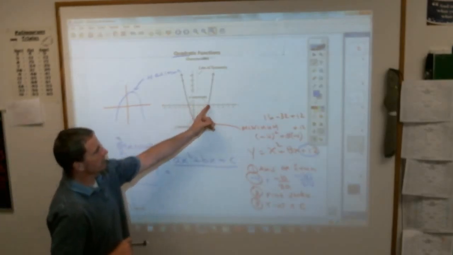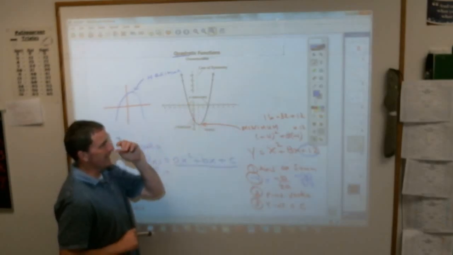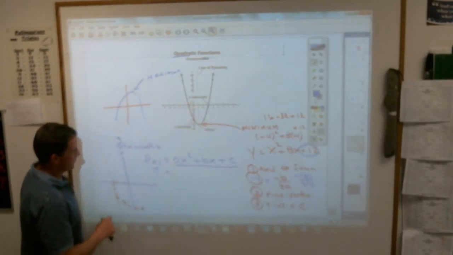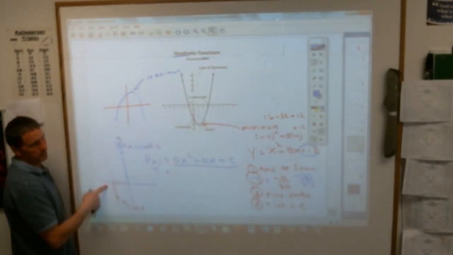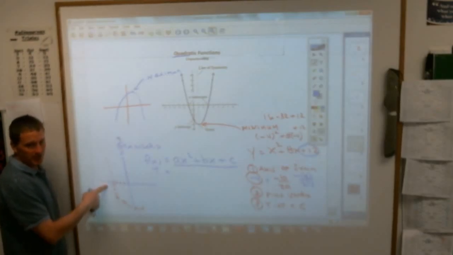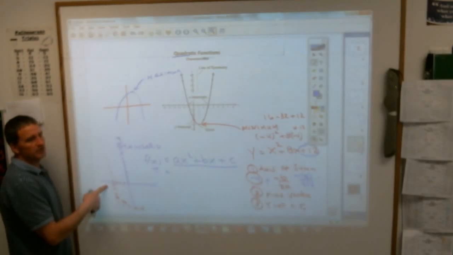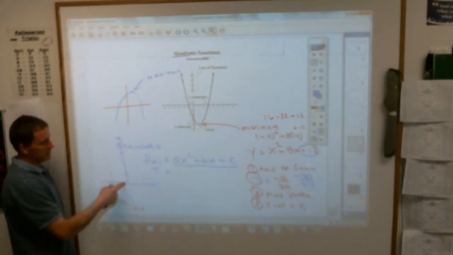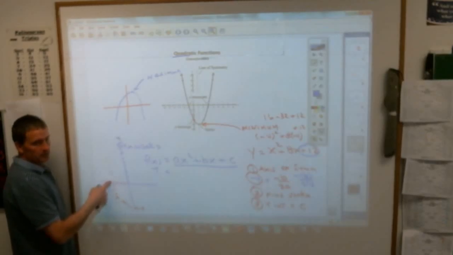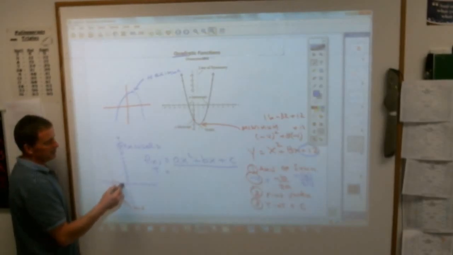And you probably want to find a couple more points on here. Now, the x-intercepts, that's where it crosses the x-axis. How can I find x-intercepts? What is the value of y where it crosses the x-axis? Let's say it crossed right here at this point.